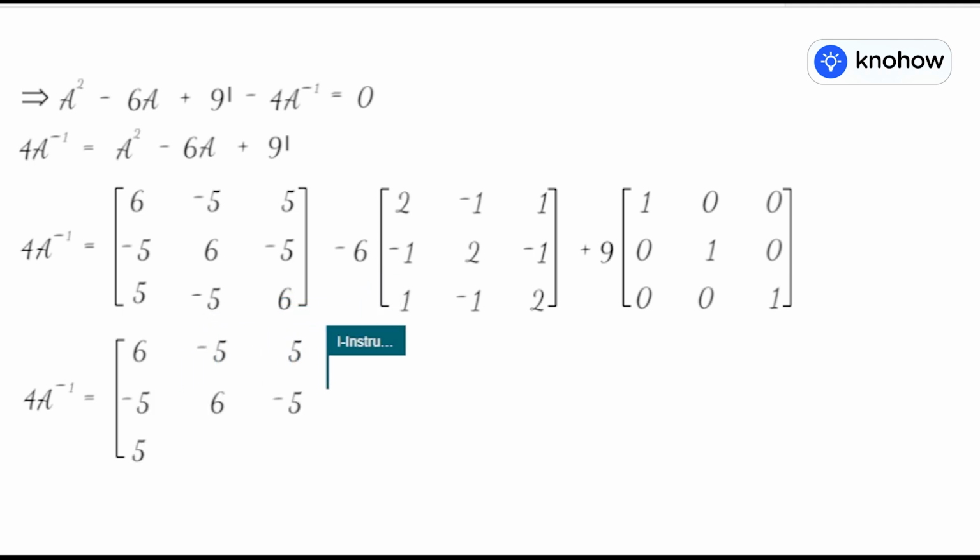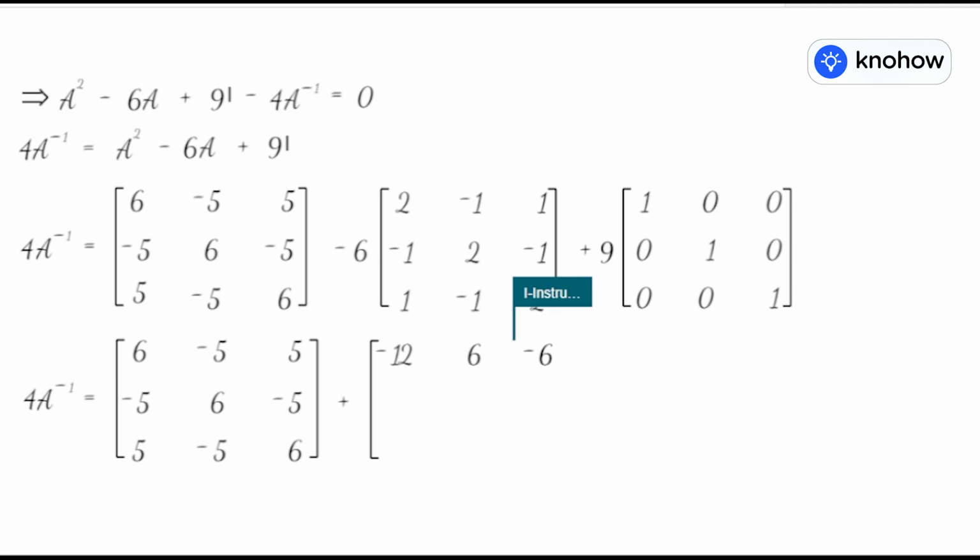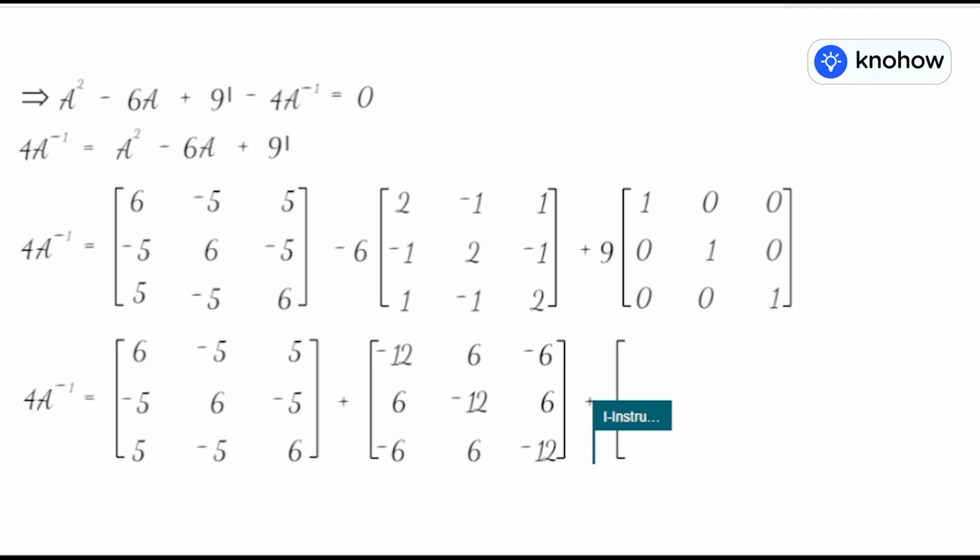Now in the second term, multiplying each term with negative 6, you get negative 12, 6, negative 6, and 6, negative 12, 6, negative 6, 6, negative 12, and 9 times the identity matrix will give you plus 9, 0, 0, 0, 9, 0, 0, 0, 9.